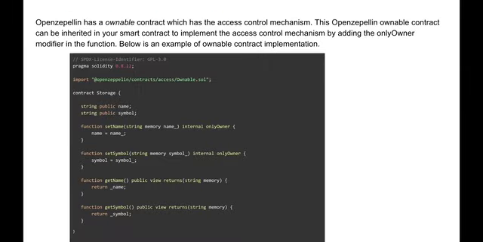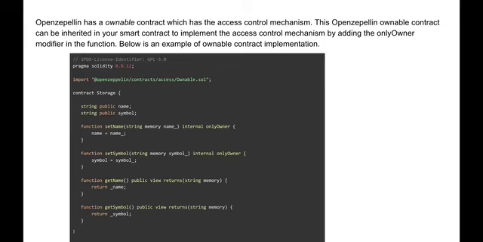Like I said, Ownable is one of the OpenZeppelin contracts. OpenZeppelin has an Ownable contract which has the access control mechanism. This OpenZeppelin Ownable contract can be inherited in your contract. This is how you can use it.